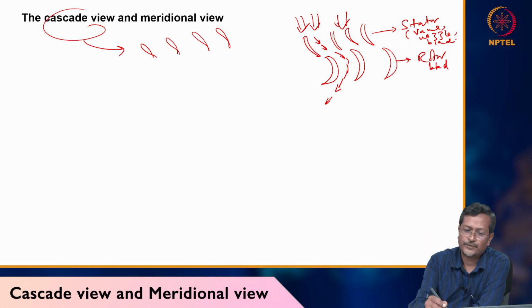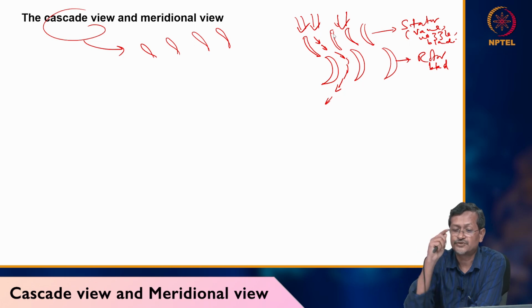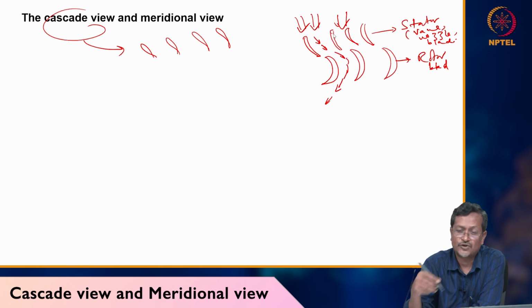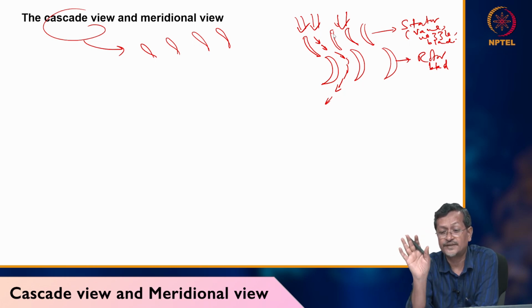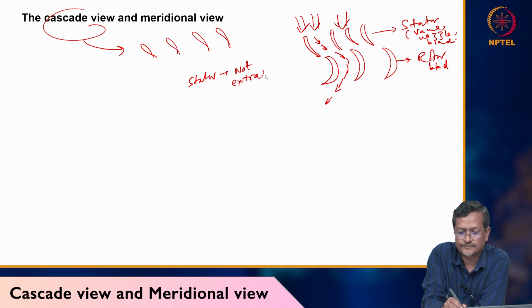Now the stator blade will turn the fluid and give the proper angle of attack to the rotor, so the rotor will be extracting a sufficient amount of energy from the fluid. The stator's purpose is not to extract energy, it gives only the direction. So stator is not harvesting energy, giving only direction.